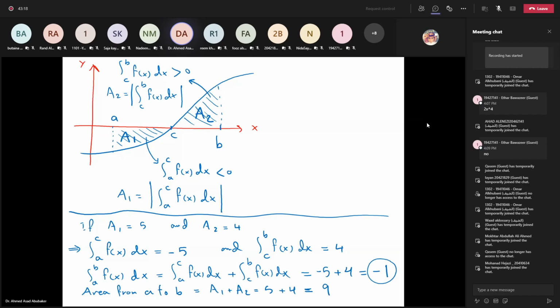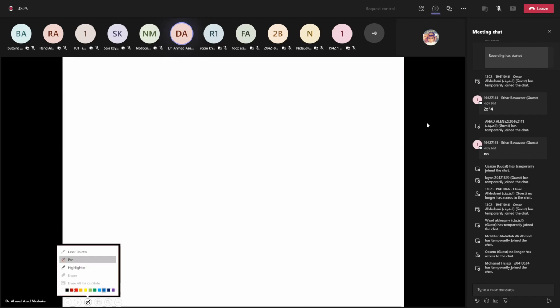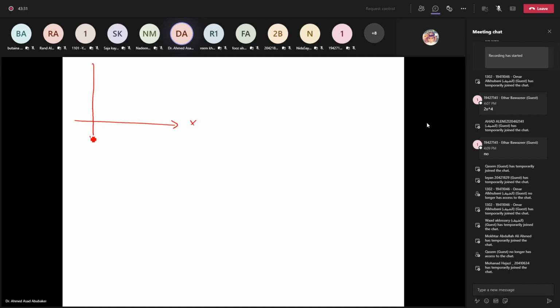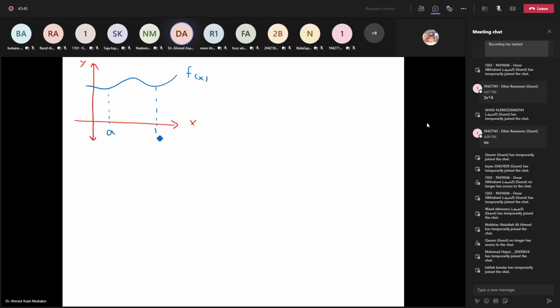We have 4 cases to find the area. The first case: if we have directly the curve above or under the x-axis from A to B, and we need to find this area.